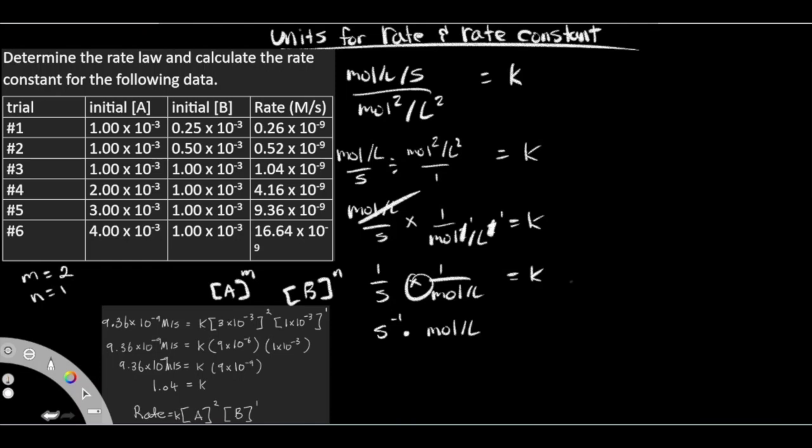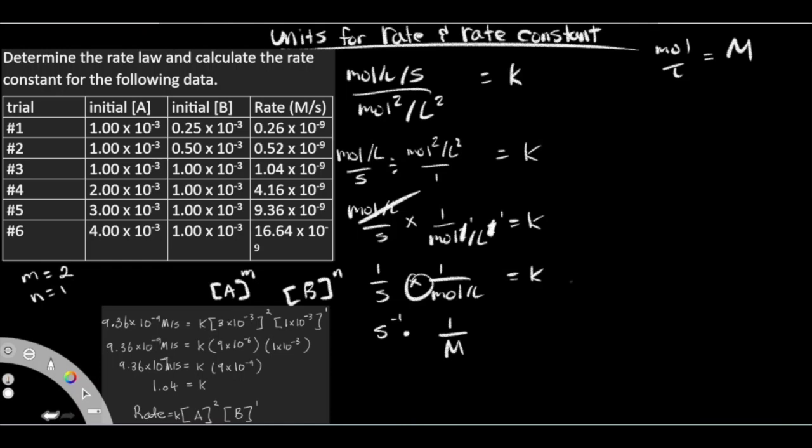And of course, we're just going to put a negative 1 over there. Okay, if you want to make it even more simple, this moles per liter is also known as M, right? So I can just put over here on the side. This moles per liter over here is also known as M. So instead of having this one over here, I can just make 1 over M.